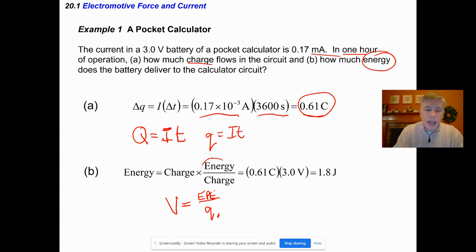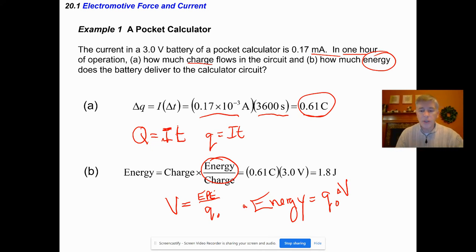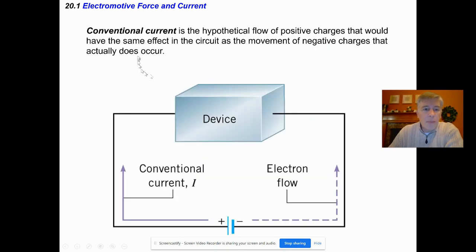So if I use that, you can find the energy of something by just taking your charge and multiplying by the voltage, or actually the potential difference. So you often talk about energy differences and potential differences, and that's what they did for the second part once we found that charge.